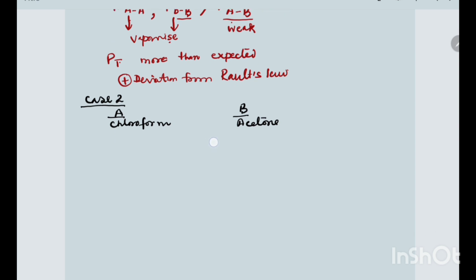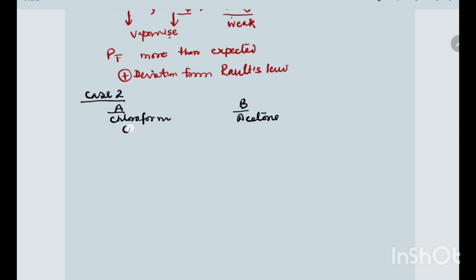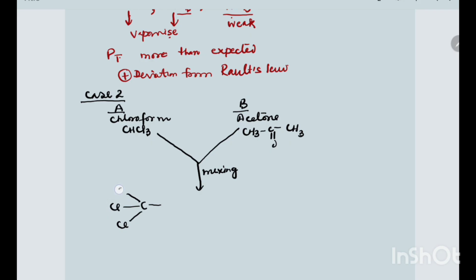Now see, chloroform is CHCl3 and this acetone is propanone, that is CH3 C double bond O and CH3. Now when these two components, component A and B, are mixed together, if I write the structure of chloroform like this, Cl, there are 3 chlorines and here it is hydrogen.